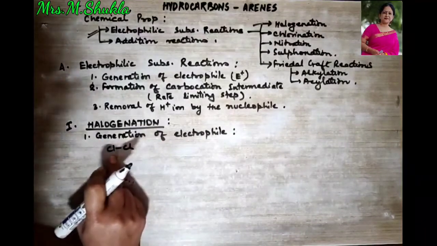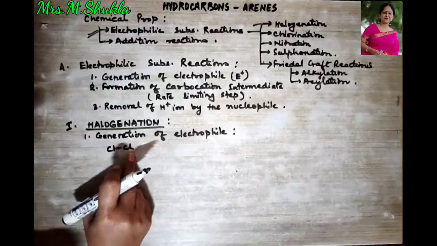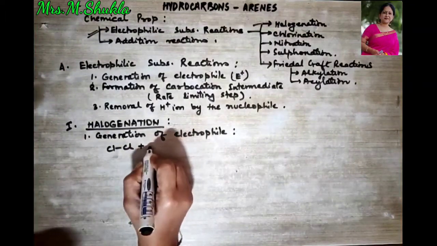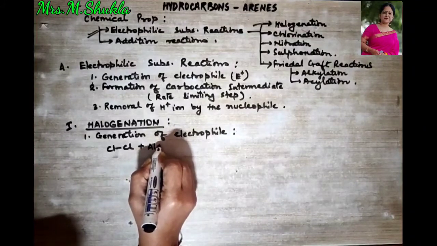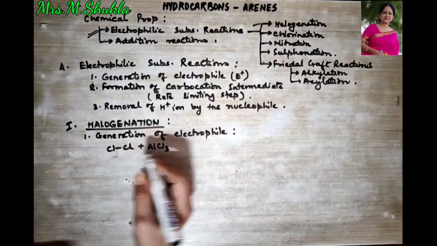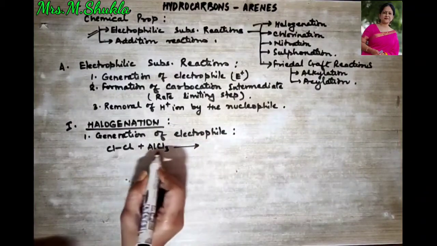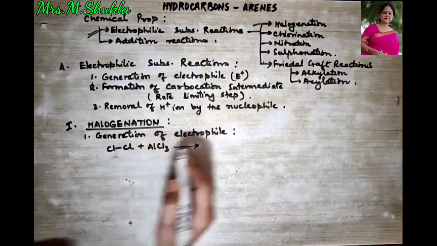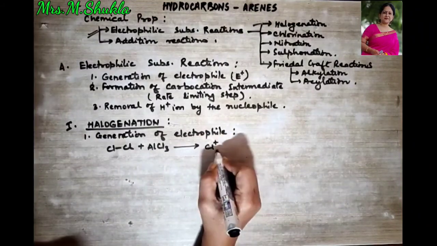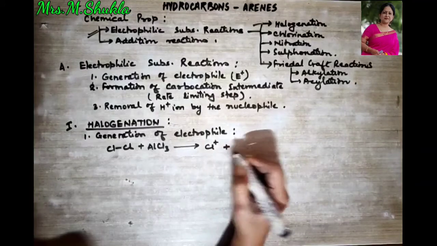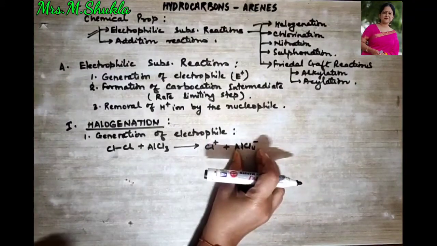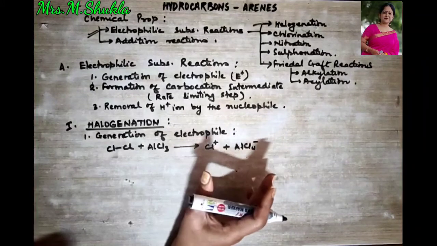Now the cleavage of Cl2 is not possible on its own, so we take another compound, like for example AlCl3, in the presence of which it can easily show the cleavage, right? And hence when we add this, an electrophile is formed, that is Cl+. This is our electrophile, and a nucleophile is formed, AlCl4-.